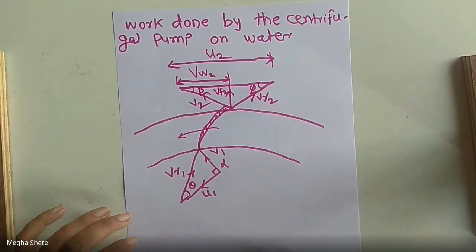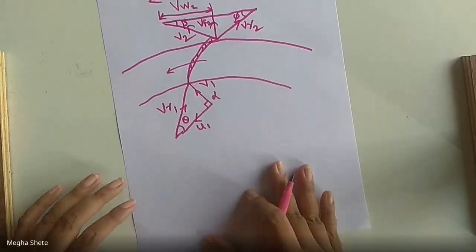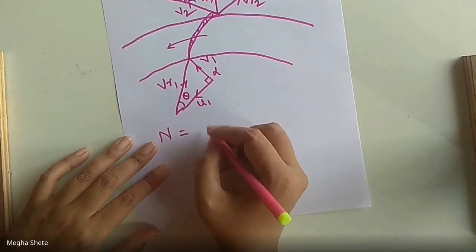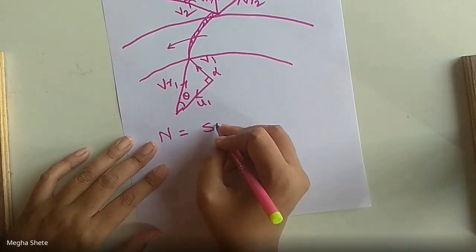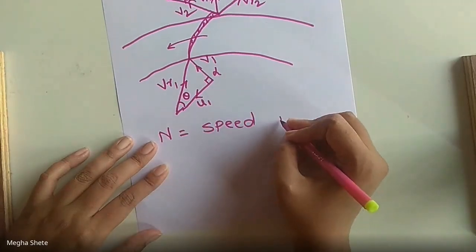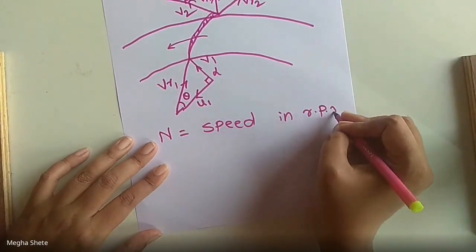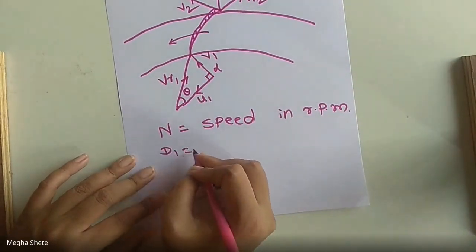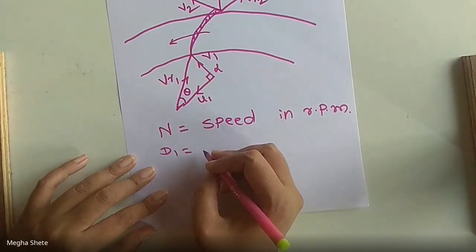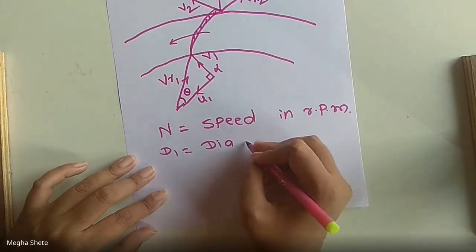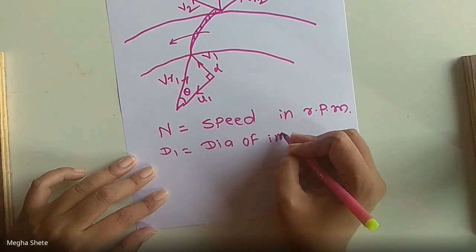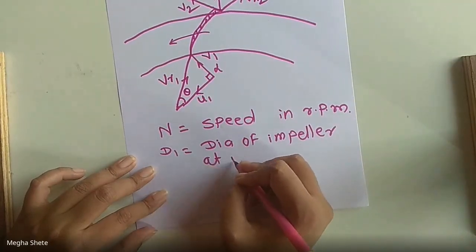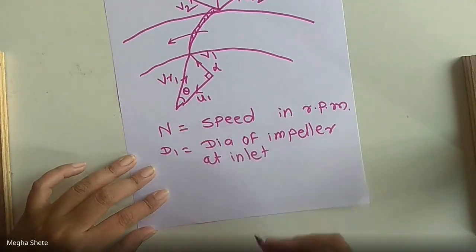Now N is equal to speed of the impeller in RPM. D1 is the diameter of impeller at inlet.